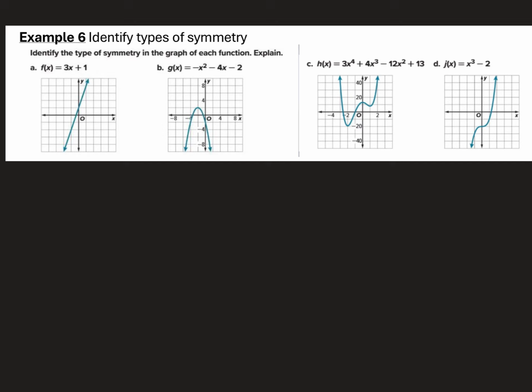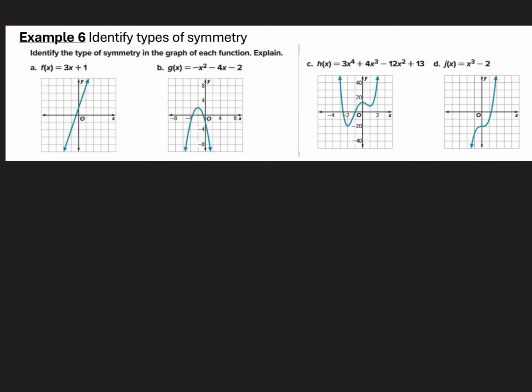Example 6 says identify types of symmetry. When I look at this first function, would that appear to have point symmetry or line symmetry? Could I draw a vertical line down the middle and have points equidistant from that vertical line?